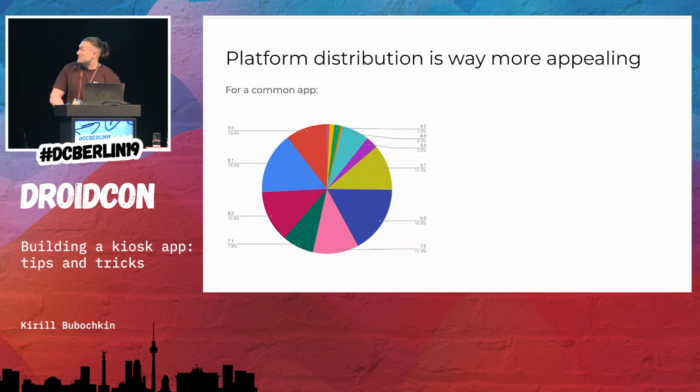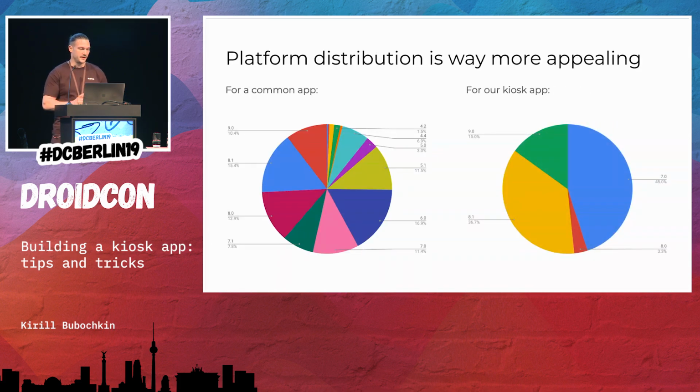For example, this is how Android version distribution looks for a common app. It's official statistics from the Android developers website. But due to the fact, as I've already said, that we are supporting only Android 7+, we can drop the support for lower Android versions and just get this nice picture of the distribution of Android versions for our kiosk applications.